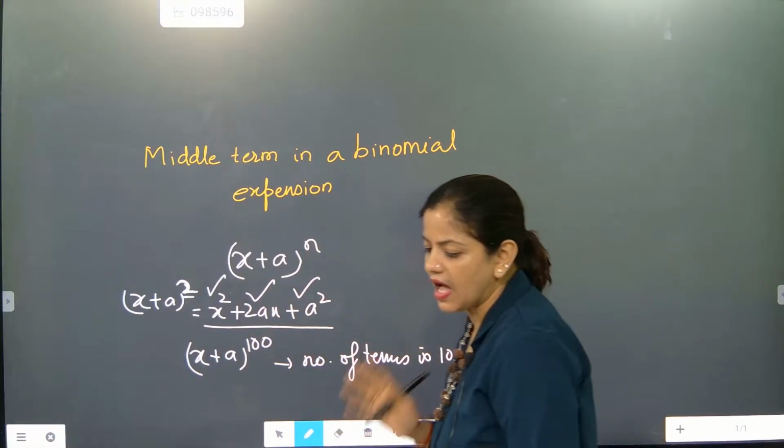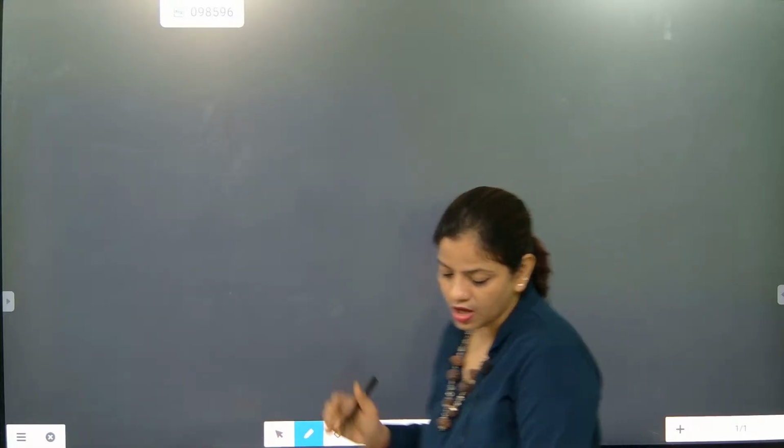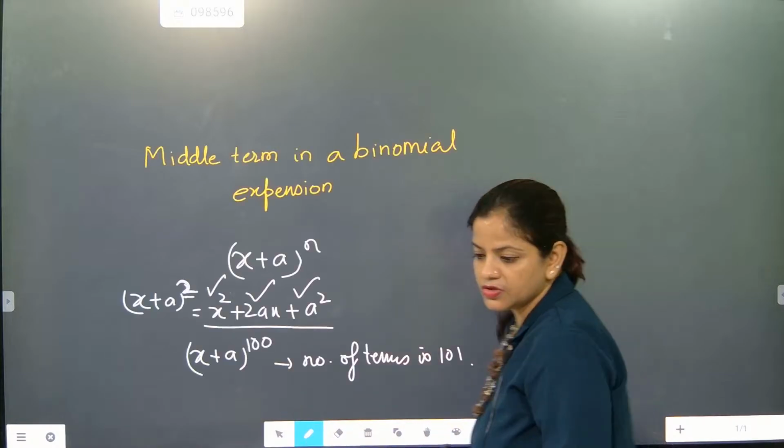If somebody asks you what the middle term is, how to answer the question? Let's check this out. First we are going to write the middle term expansion. So note it down please.